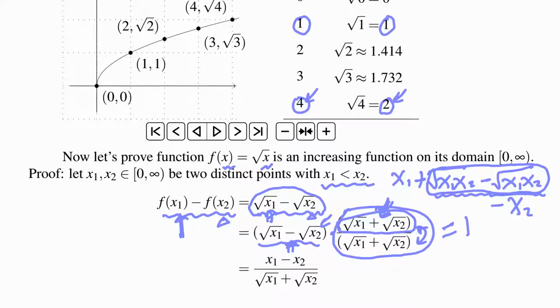Now the numerator is x1 minus x2, so you put it here. The denominator, you keep.